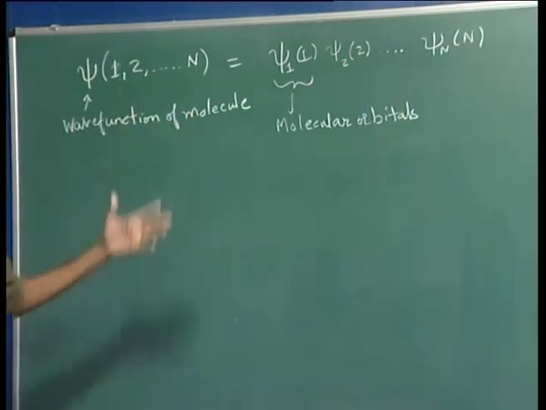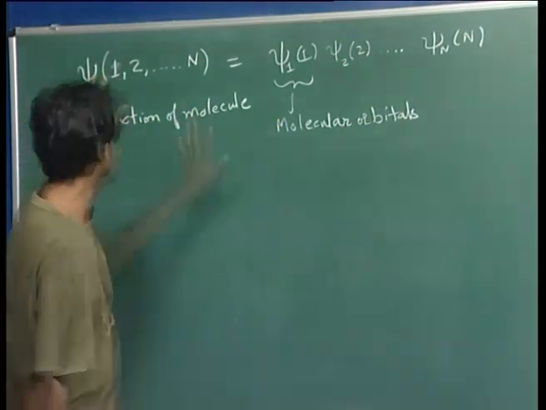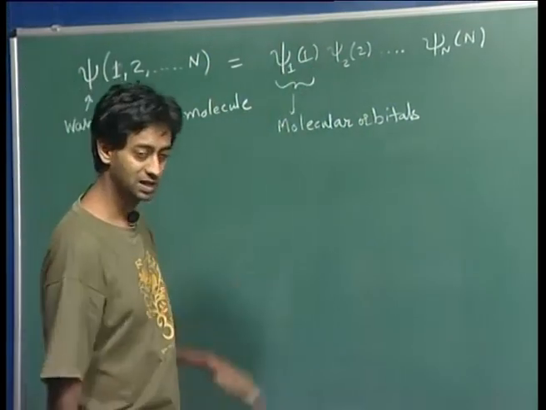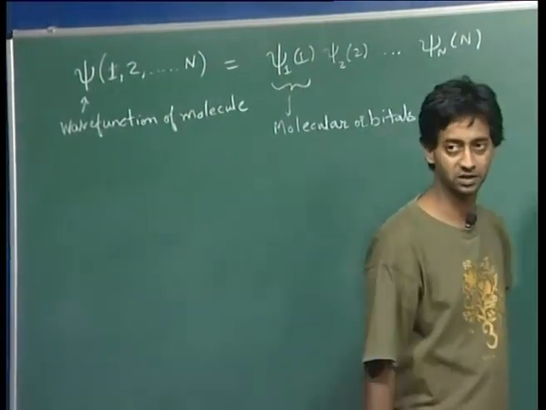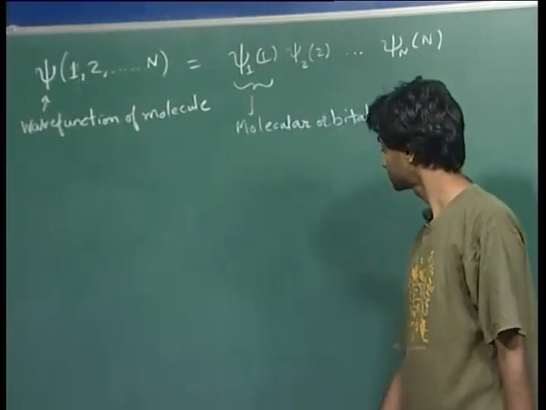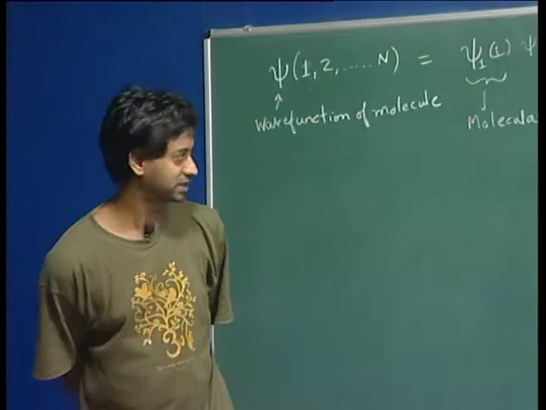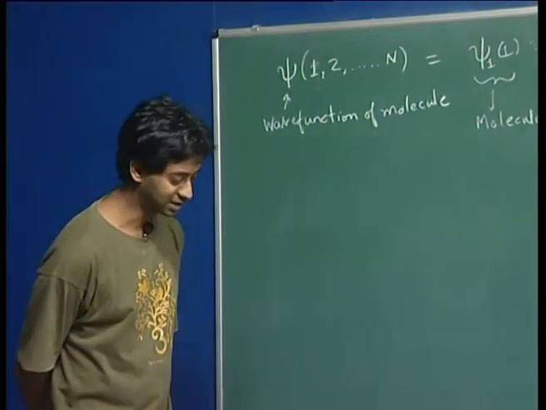Okay, so this is under the orbital approximation. So we use the approximation that the total wave function can be written as a product of these orbitals or single electron wave functions. Okay, now the molecular orbitals are actually incredibly complicated objects to calculate.